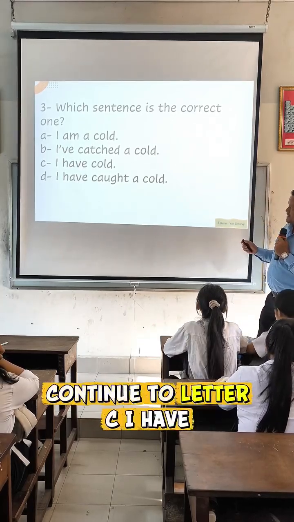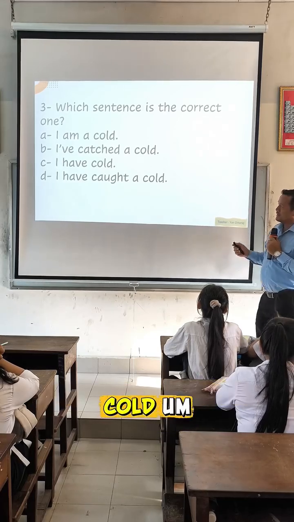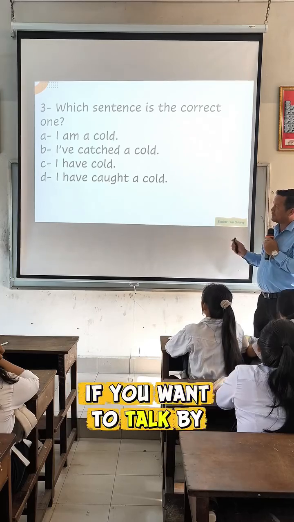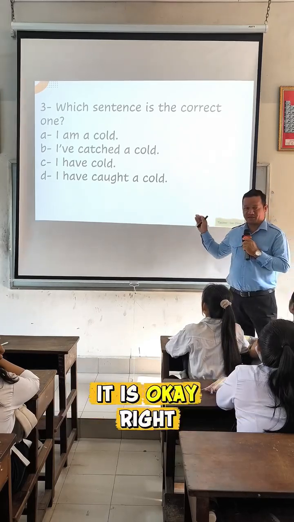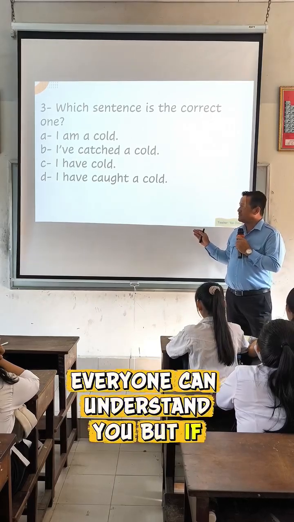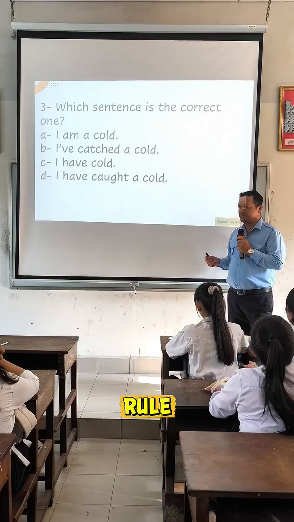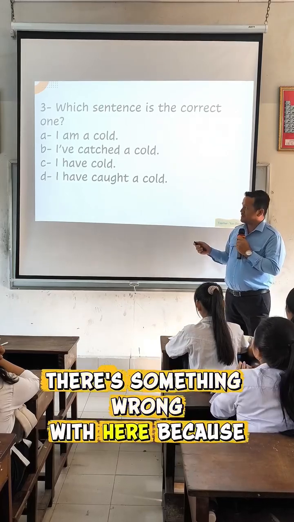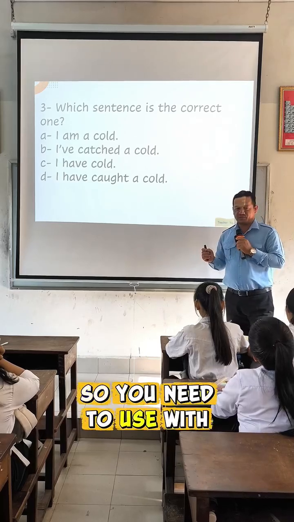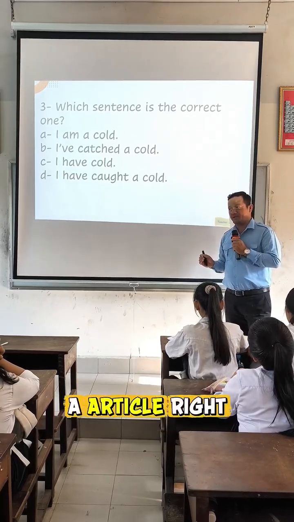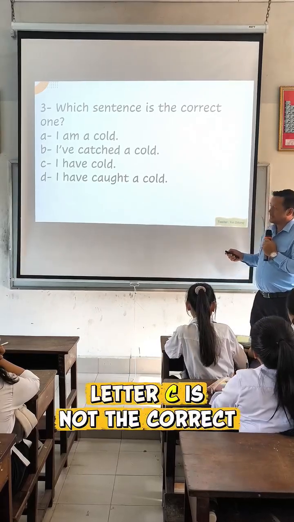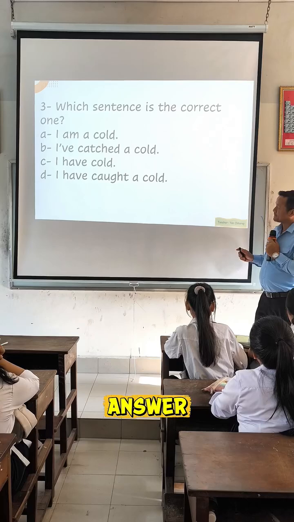Continue to letter C: I have cold. In speaking, if you want to talk using this sentence, it is okay, and everyone can understand you. But in grammatical rule, there's something wrong here, because cold is a kind of disease, so you need to use an article. So it's not the correct answer.